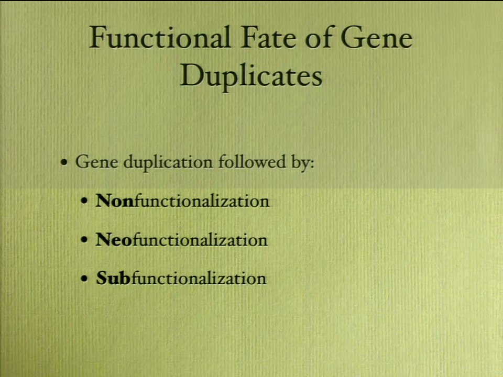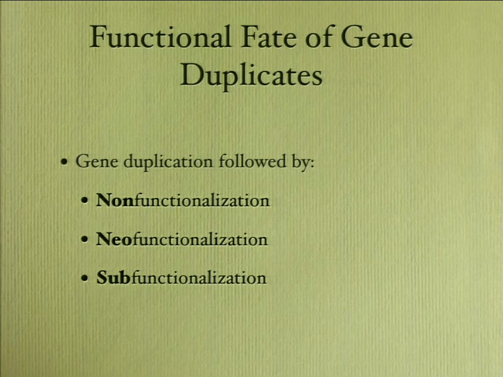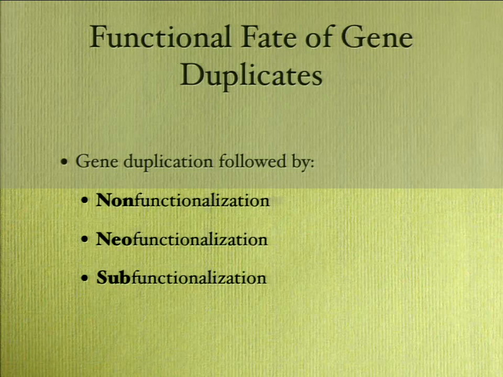So the neo and new function. Subfunctionalization came out of population genetics. The idea there is that these two duplicates are each going to assume some partitioning of the ancestral functions. So a portion of them will go to one gene and a portion to the other.